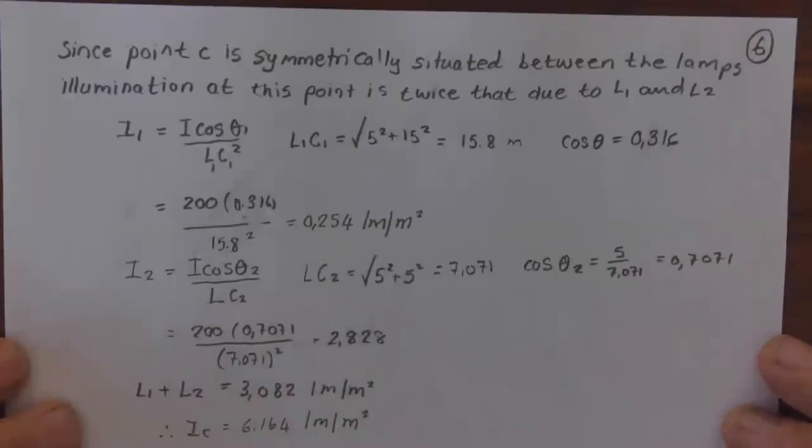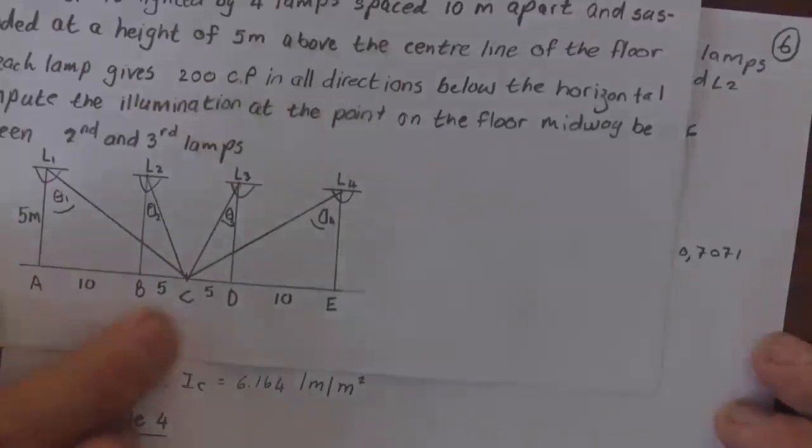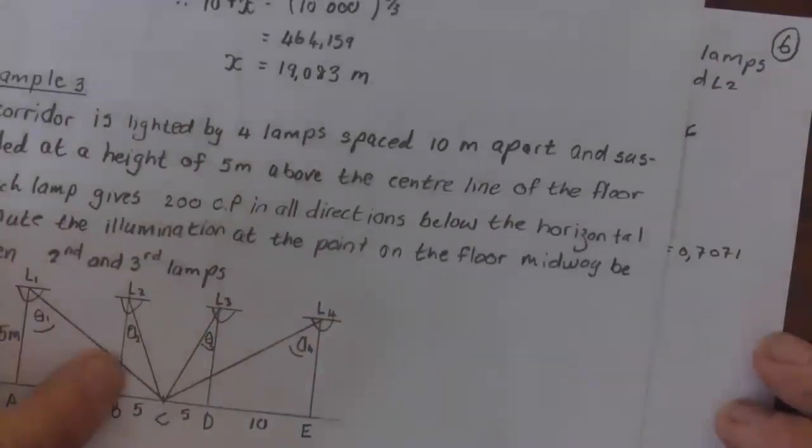So E1 is I cos theta 1 over LC1 squared, and that is 5 plus 15. If we refer back to our drawing here, that's 10 there and 5 there. And L1 is that one.